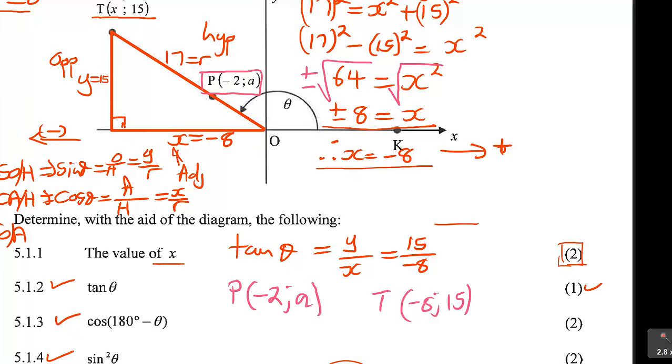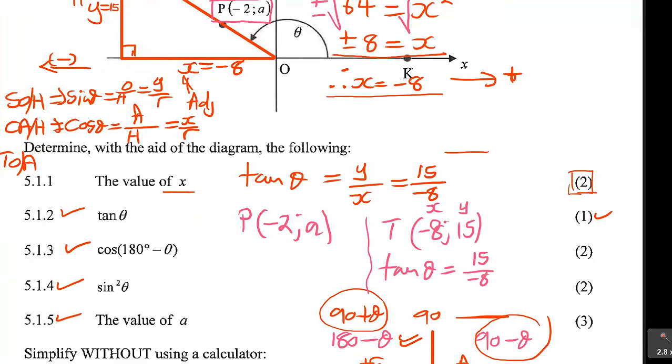So look at this now. When I used T, I said tan theta was equal to, this is y, this is x. So it was 15 over minus 8. So are you seeing that? That is how I managed to get my tan theta as that answer.